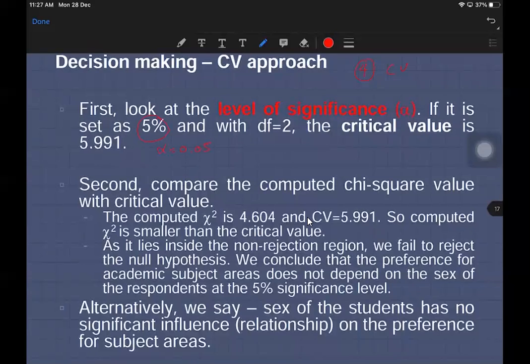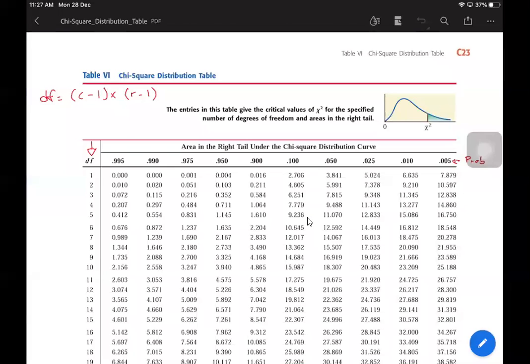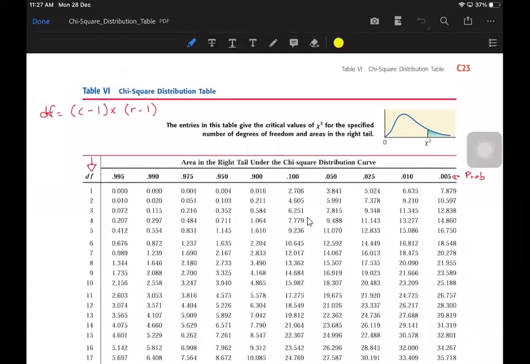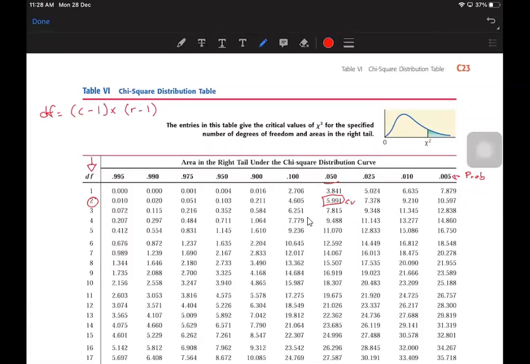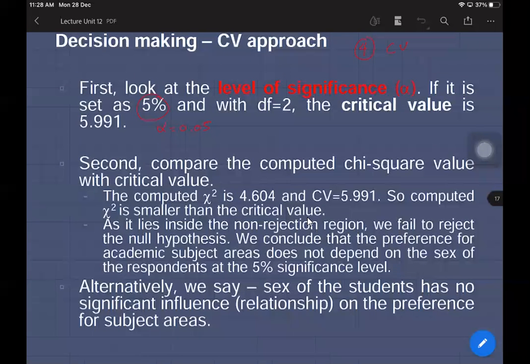The degree of freedom is 2, so we look at row 2, column 0.05. This is your critical value, 5.991.